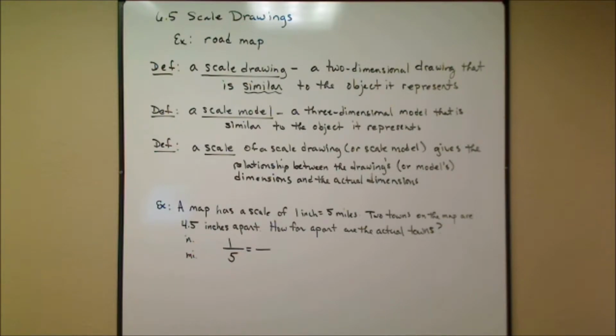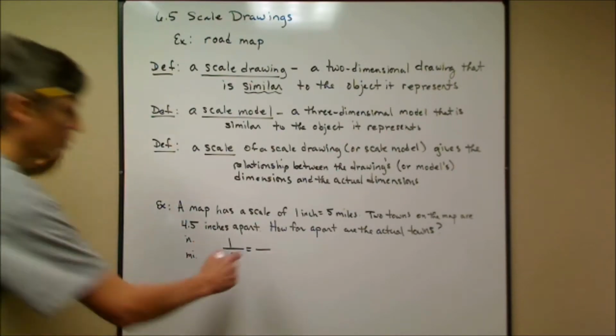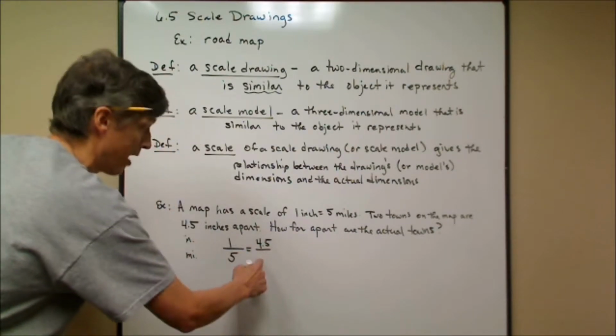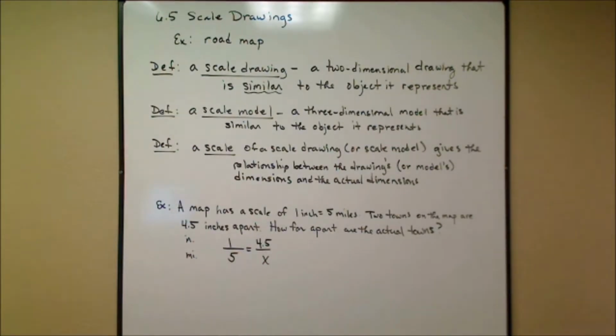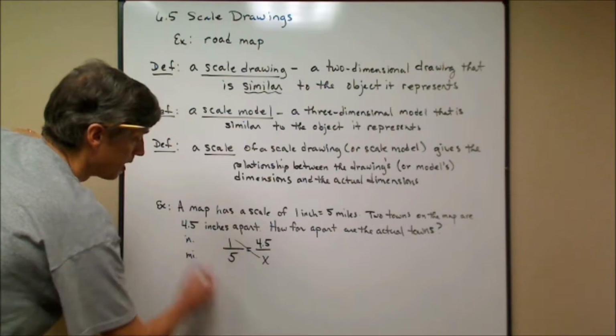Now we know on the map they're 4.5 inches apart. We want the actual distance apart. Well, 4.5 inches represents the map, so that goes in the numerator, 4.5. My unknown is the actual distance in miles between the 2 towns. I'll call that x. And I have my proportion, which I know how to solve. I multiply on the diagonal.